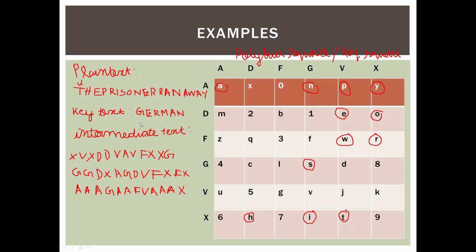Now as you can see, we have got the intermediate text as this. So we have to consider strings of 6 characters from this intermediate text and write each of the parts below the key text called German. So the first set of 6 characters consists of XV, XD and DV.